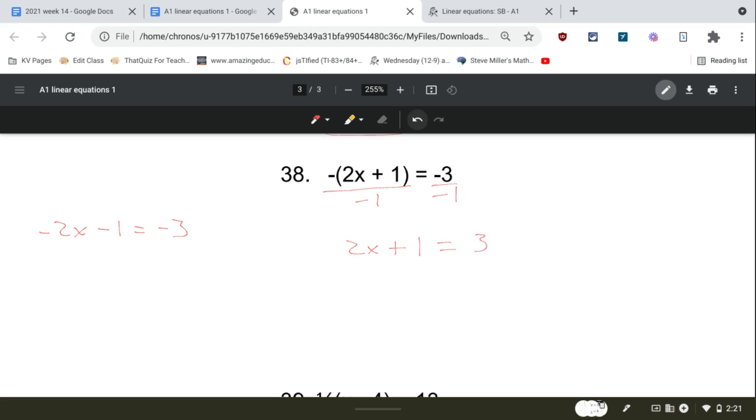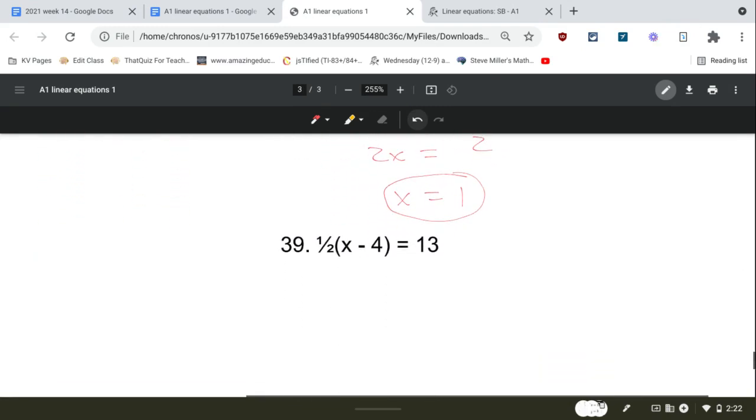That way I lose all the negative stuff. Minus 1 from both sides, and you get 2x is equal to 2. So x is equal to 1. Divide by 2, and that's how you get the 1 there.